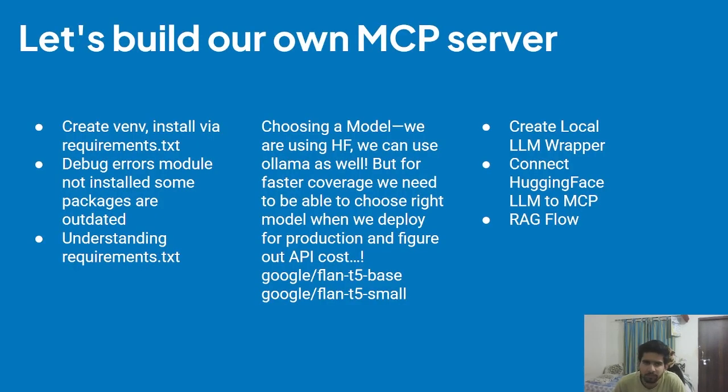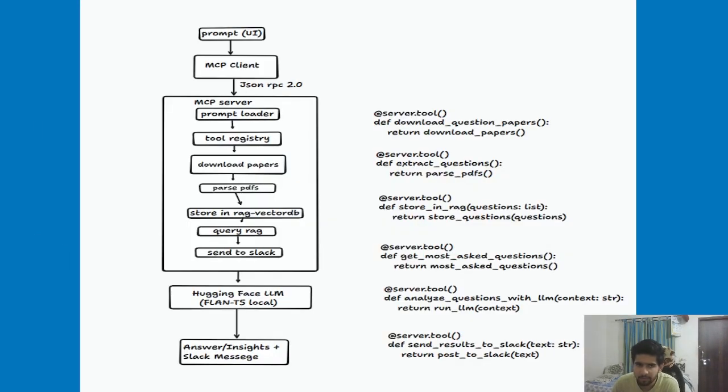So let's build our own MCP server. These are the steps which we will follow. I have already followed these steps. First, I've created a virtual environment, and let me explain what the server is. We want the frequency of the questions which are being asked in previous year question papers.